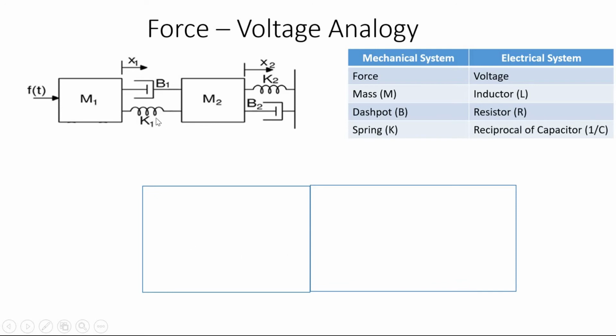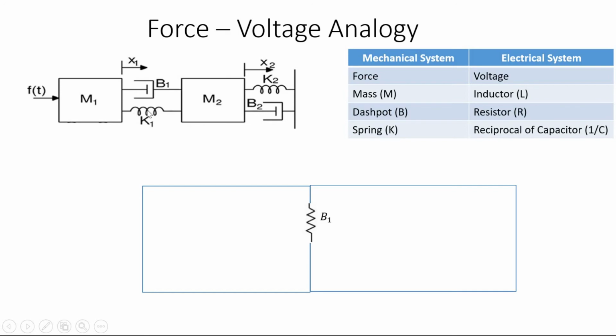And if you look here, the terms B1 and K1 are common to these two. So the electrical elements analogous to B1 and K1 will be associated with both meshes. For B1, it is a resistor having the value B1.